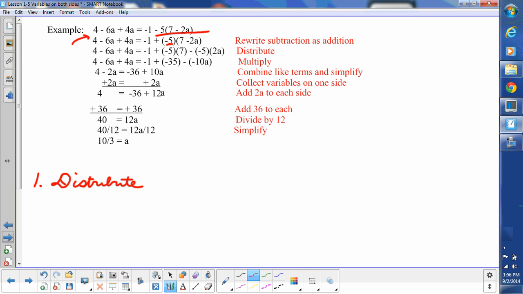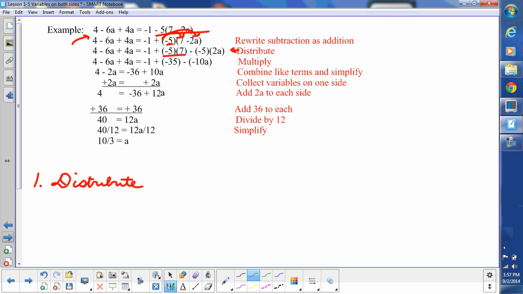Now we have 4 minus 6a plus 4a equals negative 1 plus negative 5 times 7 minus 2a. All we do in this next step is distribute. That means we're going to multiply negative 5 times 7 and negative 5 times negative 2a. That's what we're doing right here.